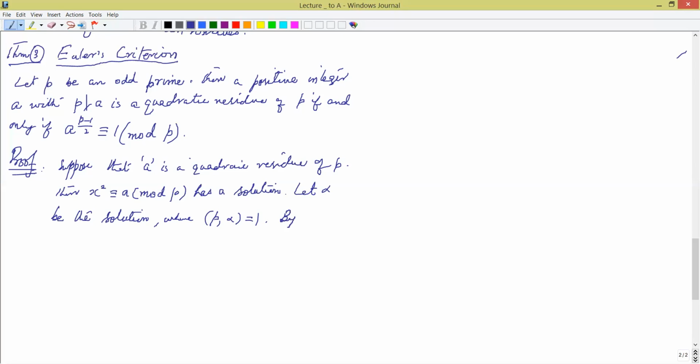So by Fermat's little theorem, alpha to the power p minus 1 is congruent to 1 modulo p, because p is a prime, so the GCD of alpha and p will be 1.